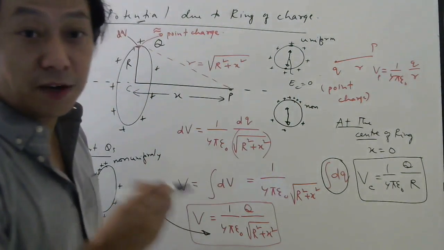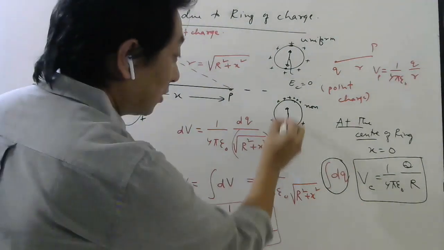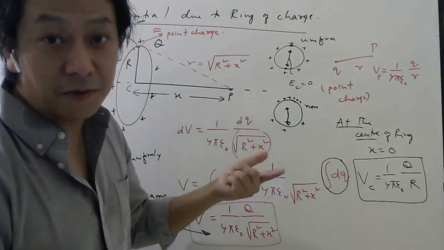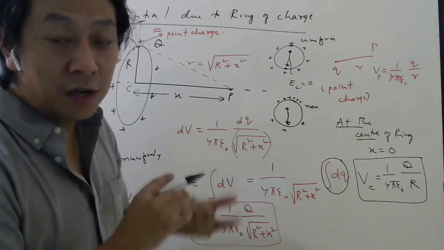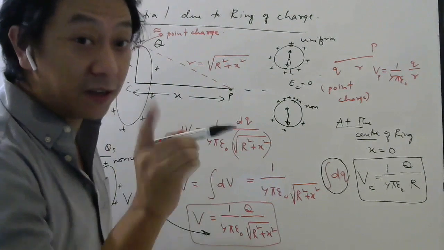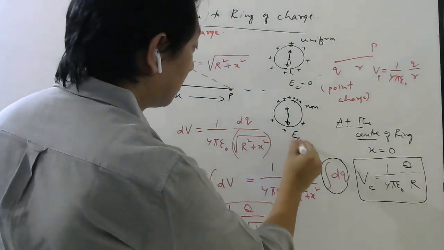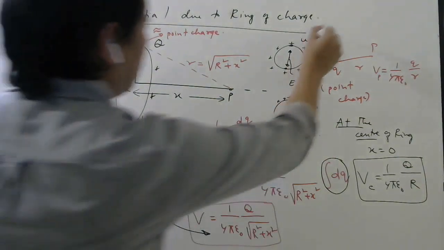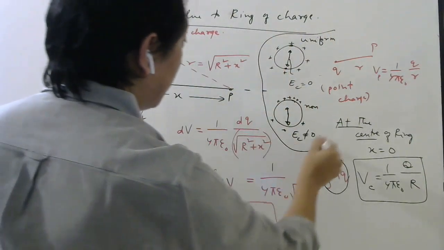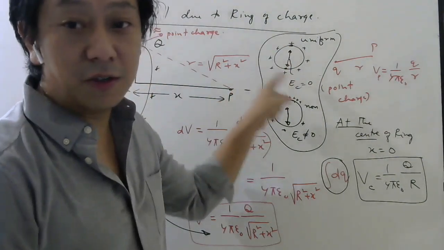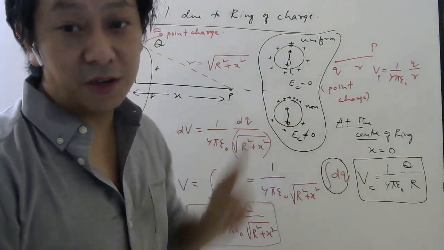And since electric field is a vector quantity, you have to first draw the arrows which represent the electric field. Then you have to think, will it add or will it subtract? In this case, it will subtract, but it will not cancel. So electric field will not be 0 in this case. So please remember, in case of electric field, it matters whether the charge is uniformly distributed or non-uniformly distributed.